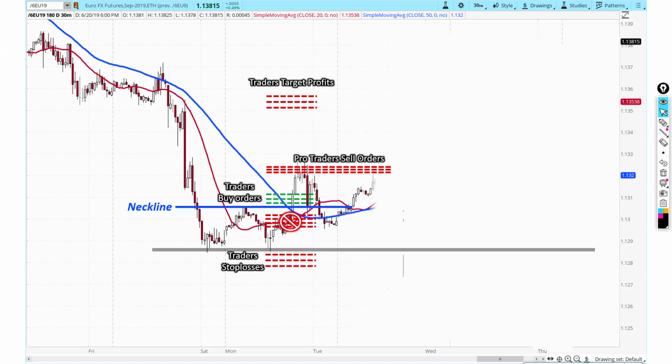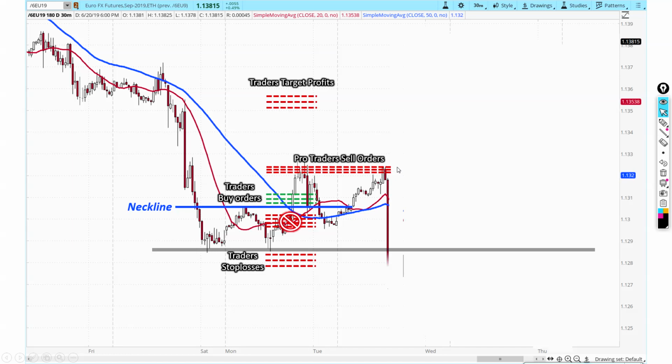As the price continues to go up bullish, there will be more retail traders joining in on this bull run, and there will be more stop losses as well. So what happens is that the price level that the professional traders are defending right around these levels, they will prepare to actually take out the stop losses of all the retail traders who have brought the price up in this area.